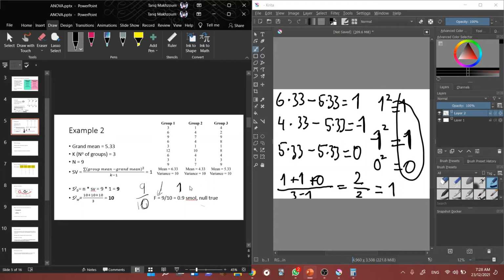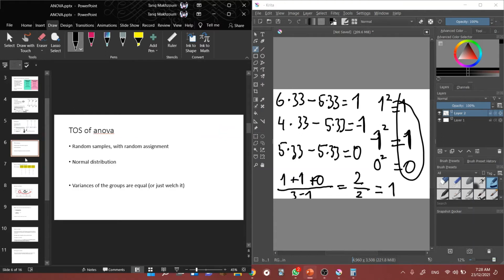If it's much bigger than 1, then you're going to say that the null is rejected and that the treatment for this case works.